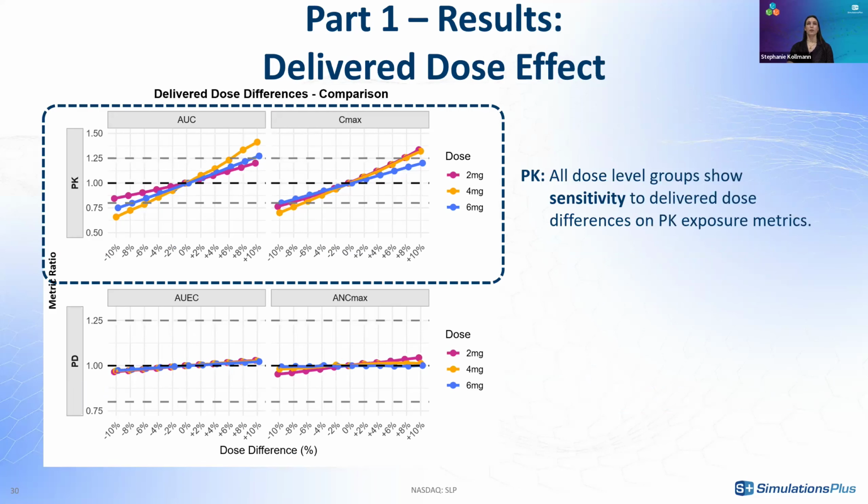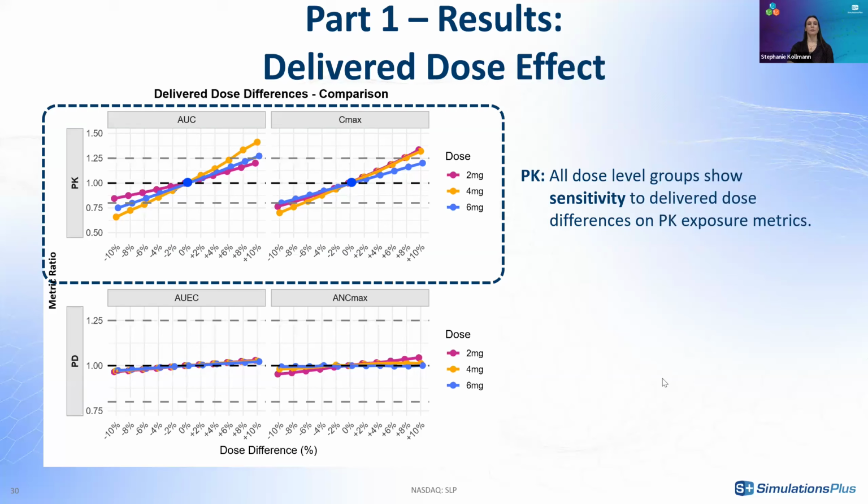All three dose level groups, 2, 4, and 6 milligram, show comparable sensitivity along PK exposure metrics, AUC and Cmax. Exposure does not increase proportionally with delivered dose difference.